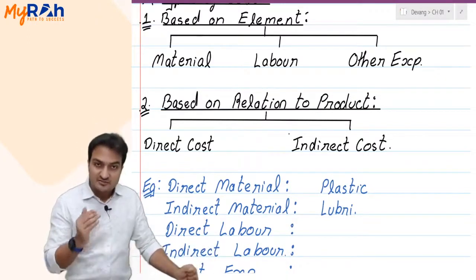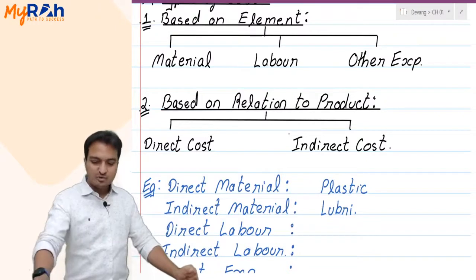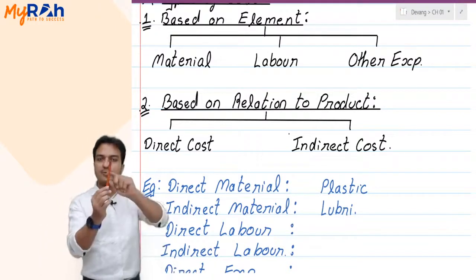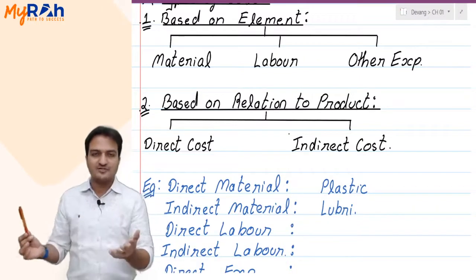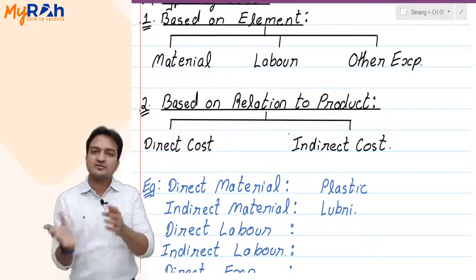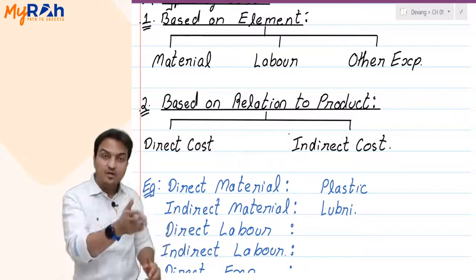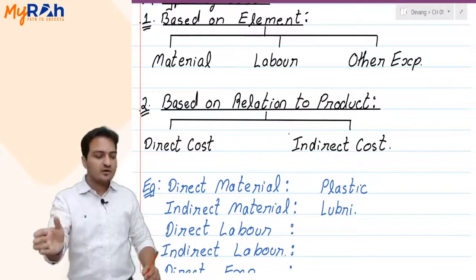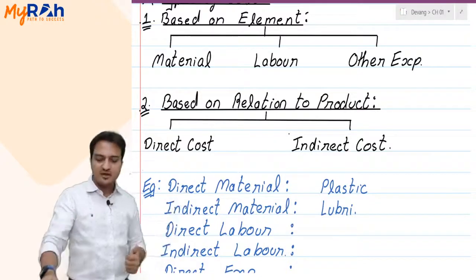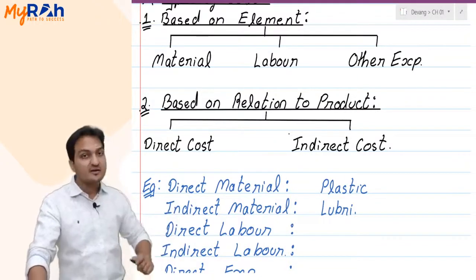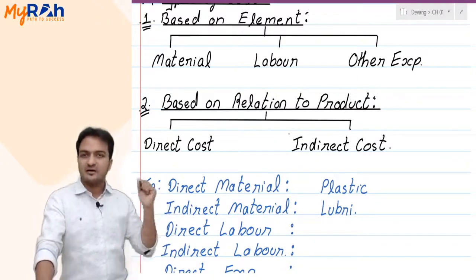But will I say it is direct material? No. Do you see those fruits and vegetables on the final product here? Do I see the fruits and vegetables on this pencil? No, obviously not. Fruits and vegetables are used in the canteen. The canteen is making food. Food is used by the workers. Workers are making the product. Hence those fruits and vegetables used in the canteen, groceries ordered by the canteen, will also become my indirect material.